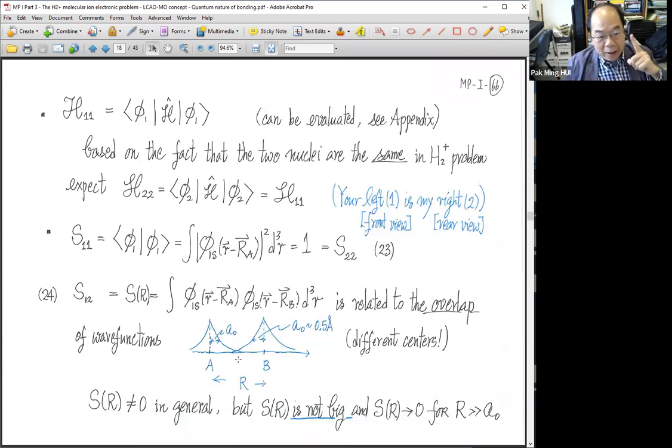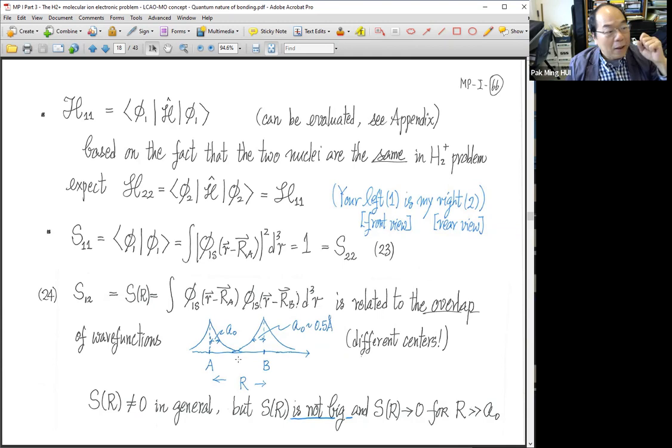Here, φ1 and φ2 are our bases. S12 is the inner product, or the integral formed by multiplying the bases together.